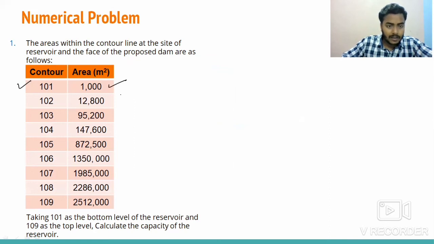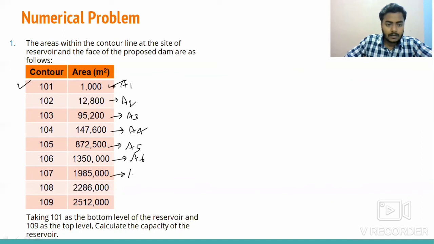Let's give them names: A1, A2, A3, A4, A5, A6, A7, A8, A9.